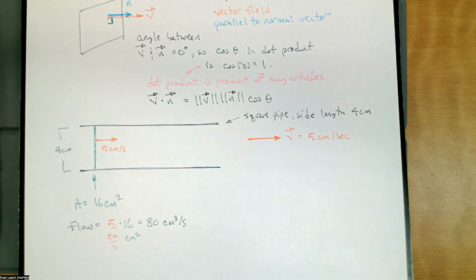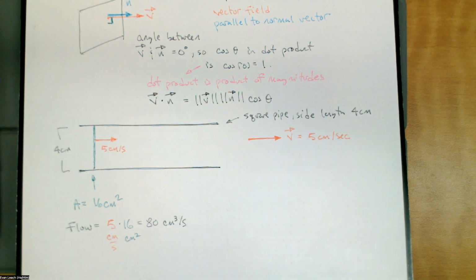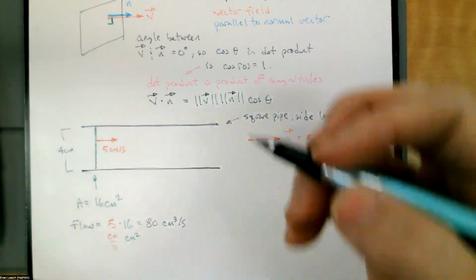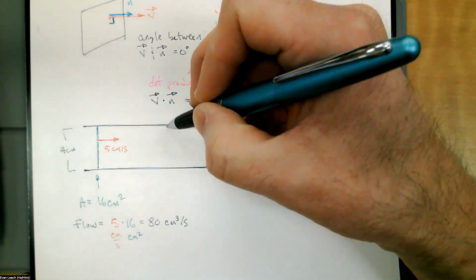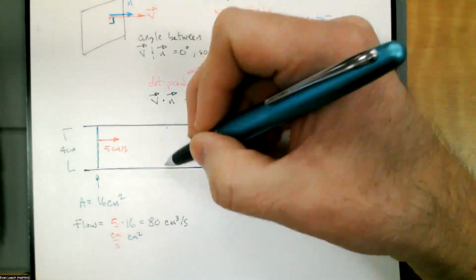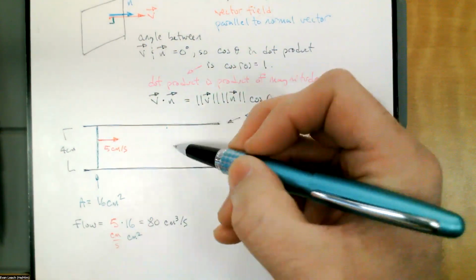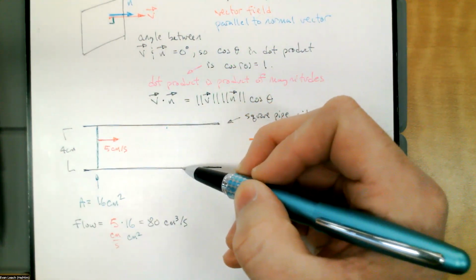Now what we're going to do is put another screen in there, and it's going to cover the whole pipe, but it's going to be at an angle. This is why I use this square pipe.